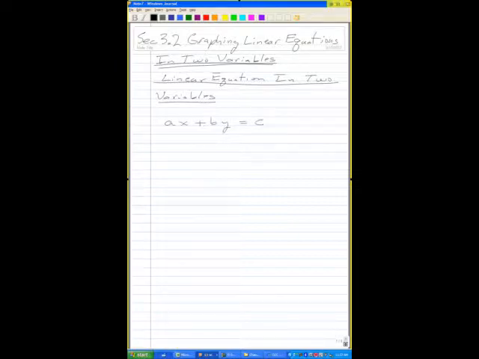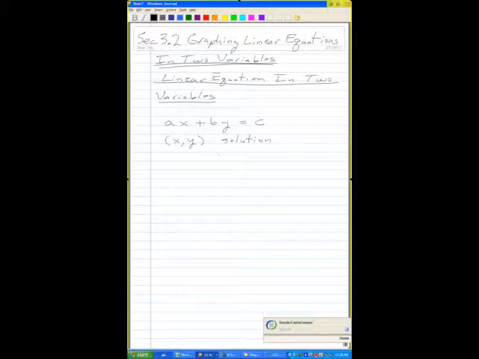A solution to this is an ordered pair such that if you replace every x by the first coordinate and y by the second coordinate, then this statement is a true statement. And so we graphed some equations.